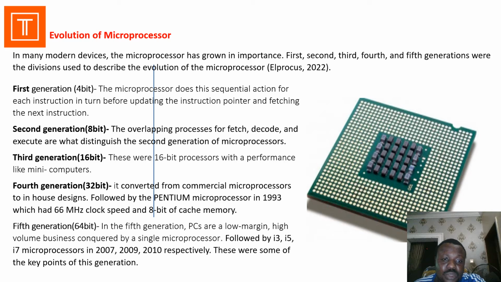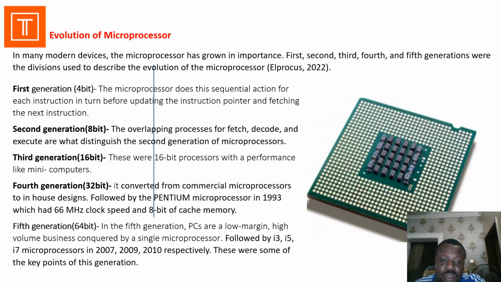The fourth generation, with 32-bit, converted from commercial microprocessors to in-house design, followed by the Pentium processor in 1993, which had 60 MHz. After that, we have the Pentium 3, the Pentium 4, and later the dual core. The fifth generation, 64-bit.